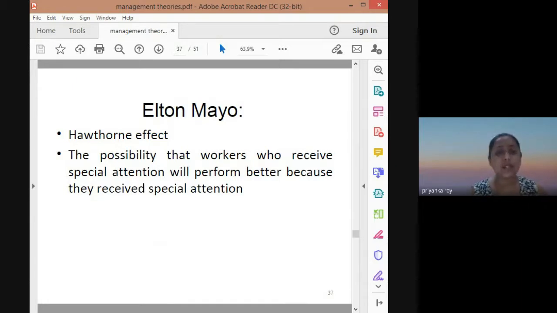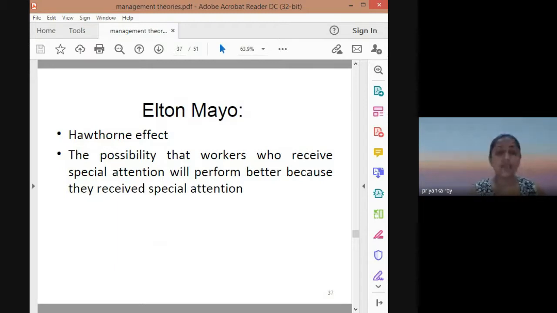Ultimately, he concluded that the improvements weren't due to the changes, but the result of researchers paying attention to employees and making them feel valued. So these experiments gave rise to the theory that employees are more motivated by personal attention and being part of a group than they are by money or even working conditions.